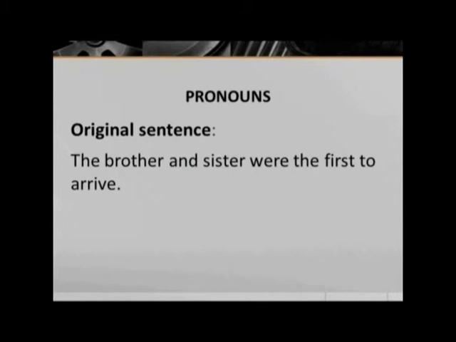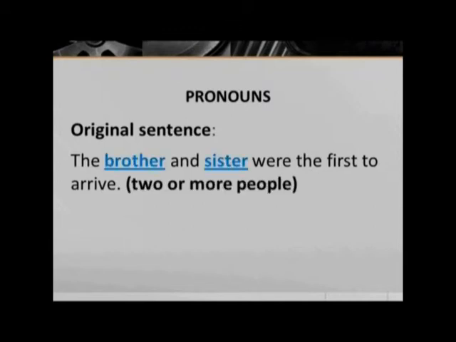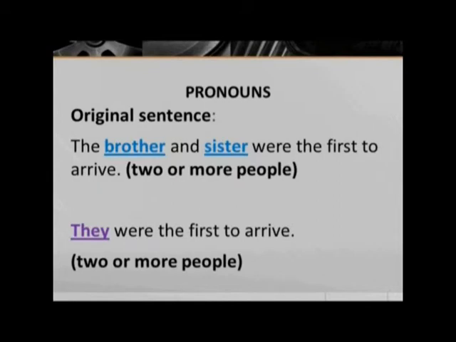The brother and sister were the first to arrive. Brother and sister, two or more people, they're underlined and they're in blue because they are nouns and they're also the subject of the sentence. Replacing them with one word, they, which is a personal pronoun, they were the first to arrive. They represents two or more people. So you've done a good job with this.